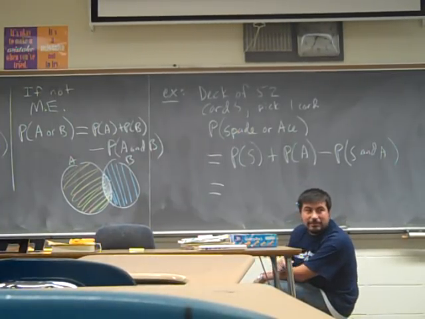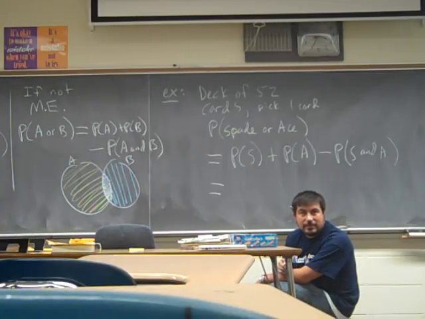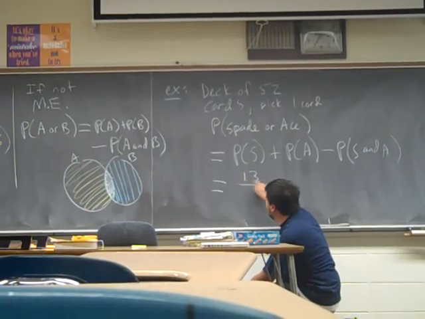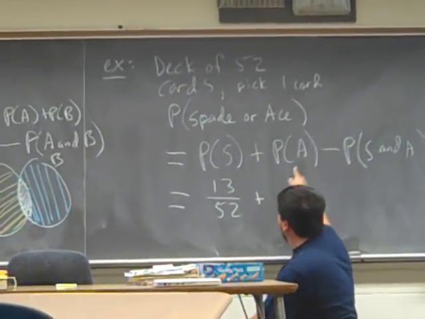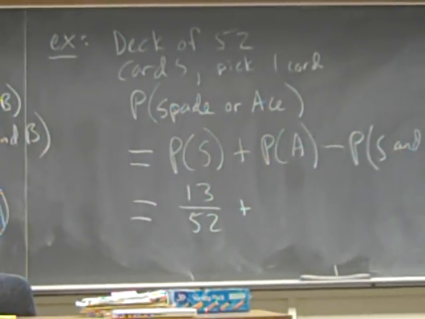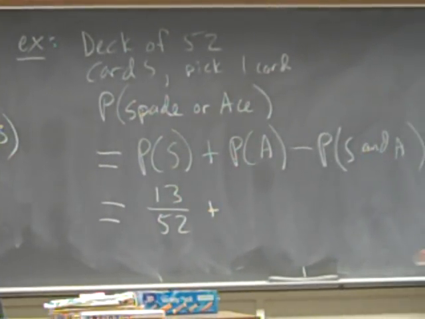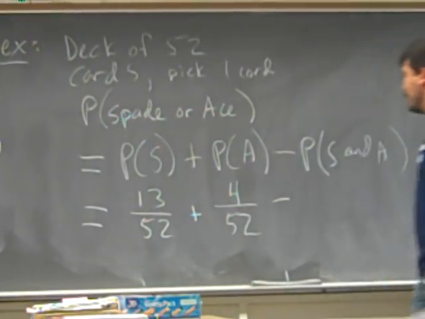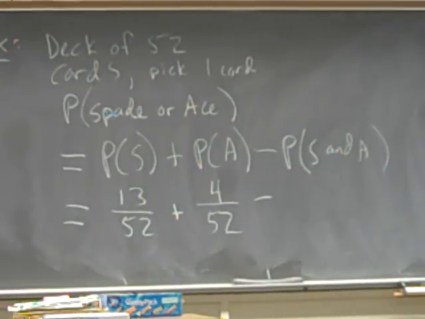Well, there's 4 suits, right? 4 suits: spades, clubs, diamonds, and hearts. 52 cards. So 13 out of 52. Ace is a rank, meaning that there's one of those in every suit. So how many aces are there? 4 out of 52. And now, how many spades and aces are there?